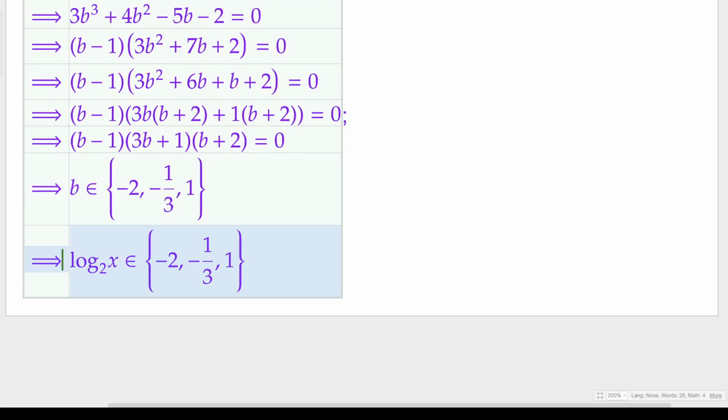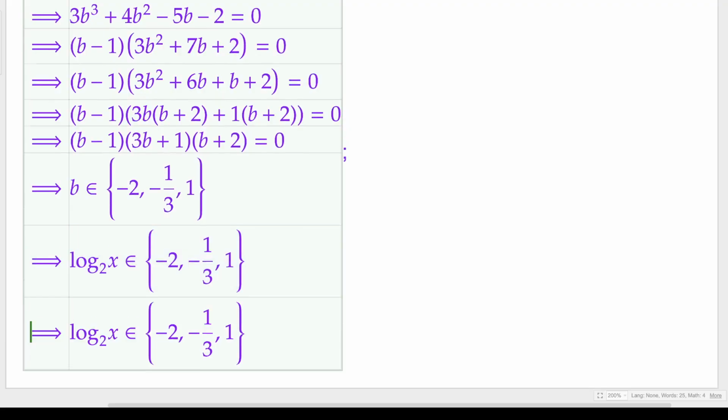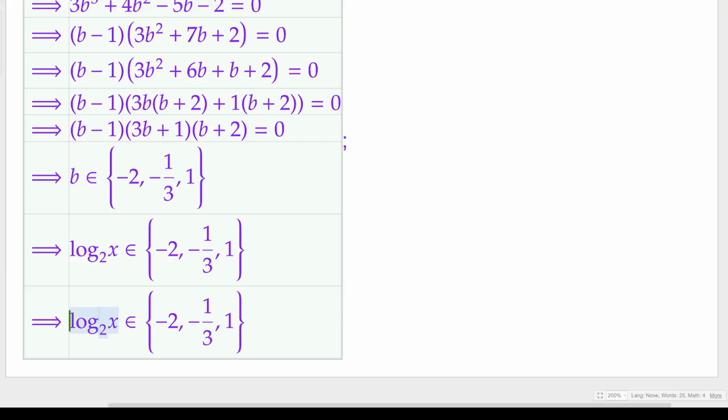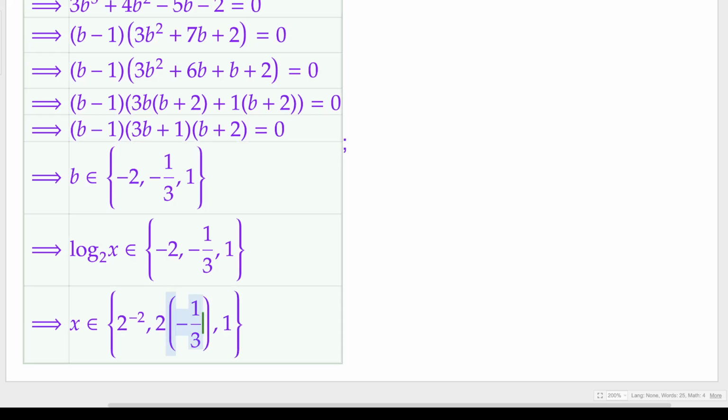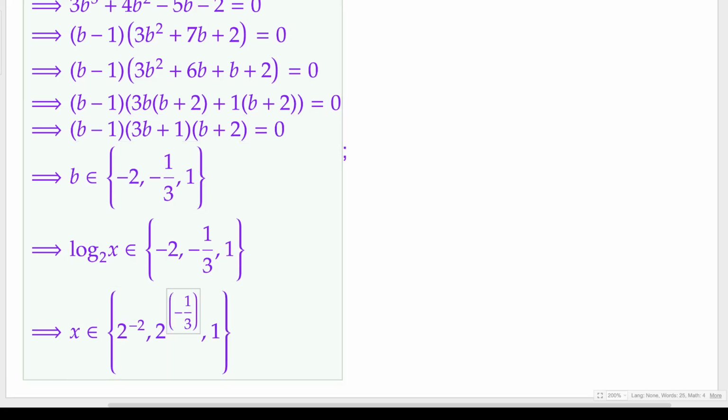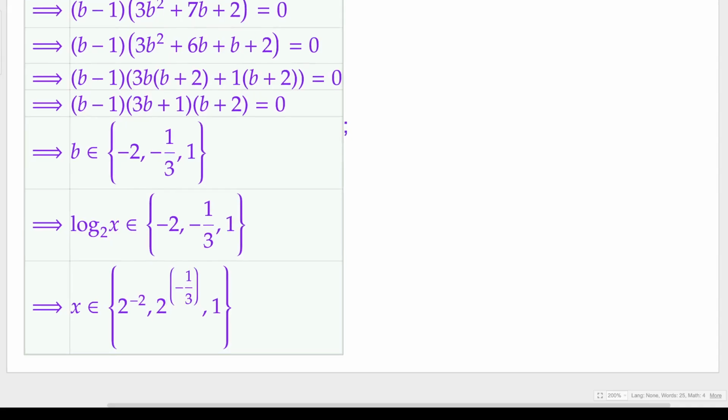Now on converting this into exponential form, x can be written as 2 to the power negative 2, then 2 to the power negative 1 over 3, and this would be 2 to the power 1, that is 2.